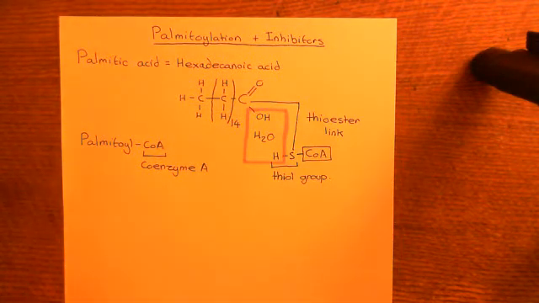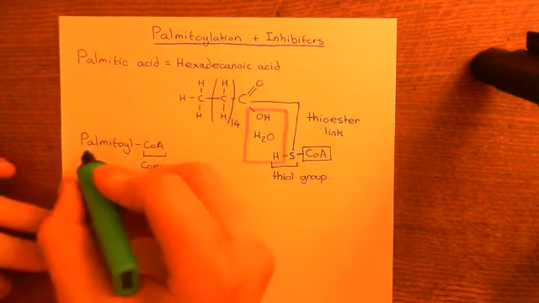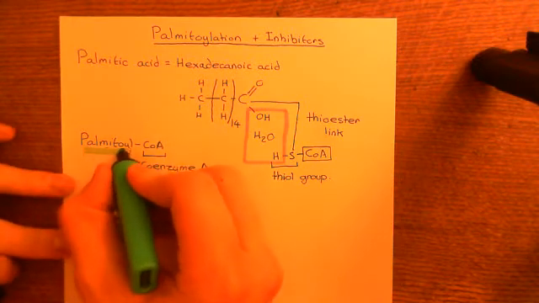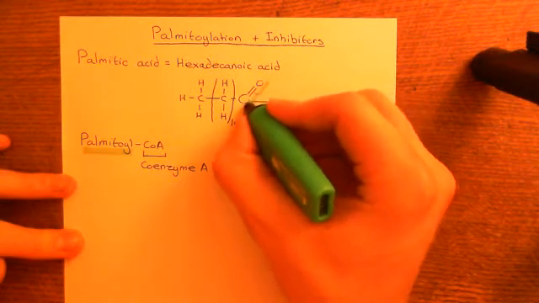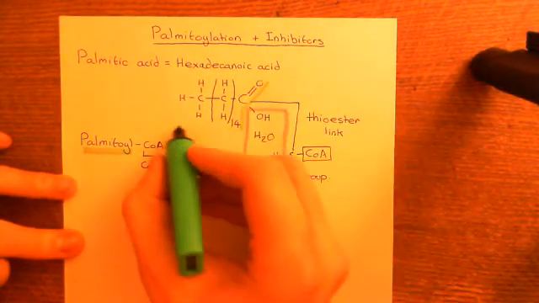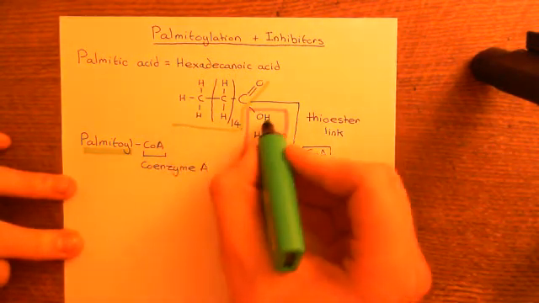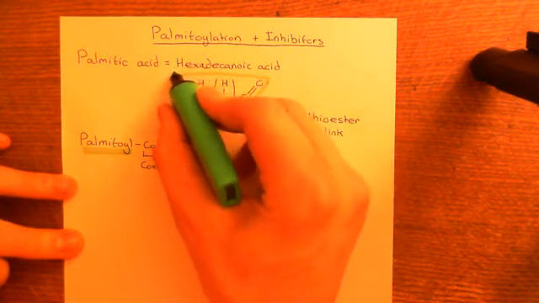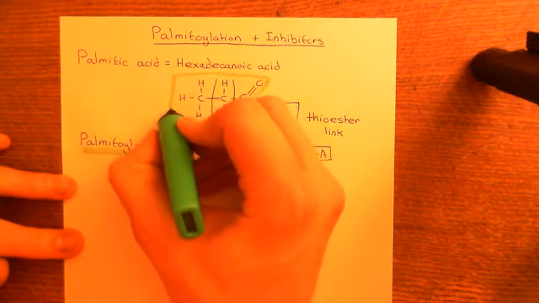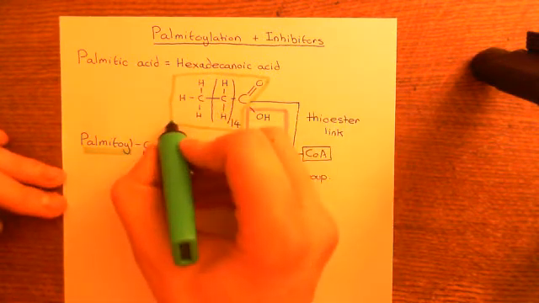And I would just like to explain what palmitoyl means. Palmitoyl means this group here. So basically, palmitic acid was the entire molecule when you had the alcohol group on the carboxylic acid group. But as you can see, we're not adding the entire palmitic acid molecule onto the coenzyme A molecule.